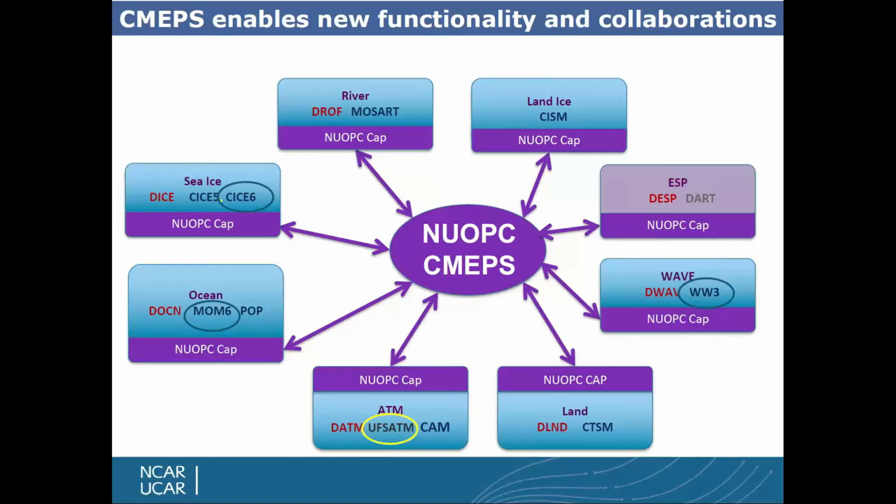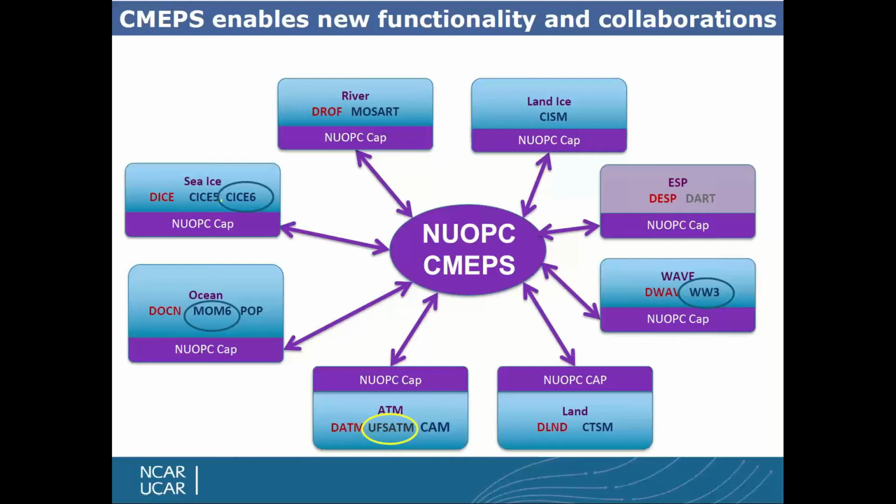And one key aspect of the NUOPC CMEPS hub is that it contains a list of fields of everything that could possibly be sent and received by your target model components that couple to it. And what happens is that the components say, hey, this is all I need to send, this is all I need to receive, and then all of that is automatically set up in these connectors via what NUOPC has as realize phases, so that you pare that down.